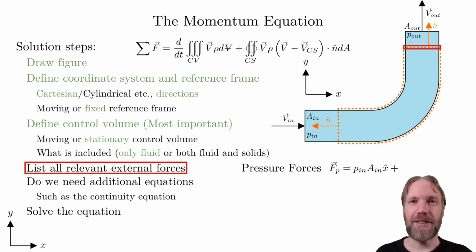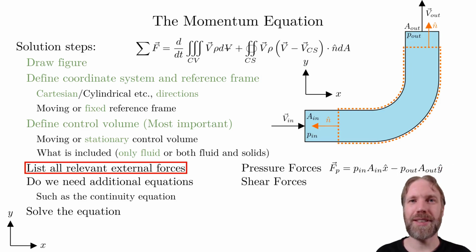For the outlet, we have P out acting on area A out in the negative y direction. We can write the minus in front of the expression.